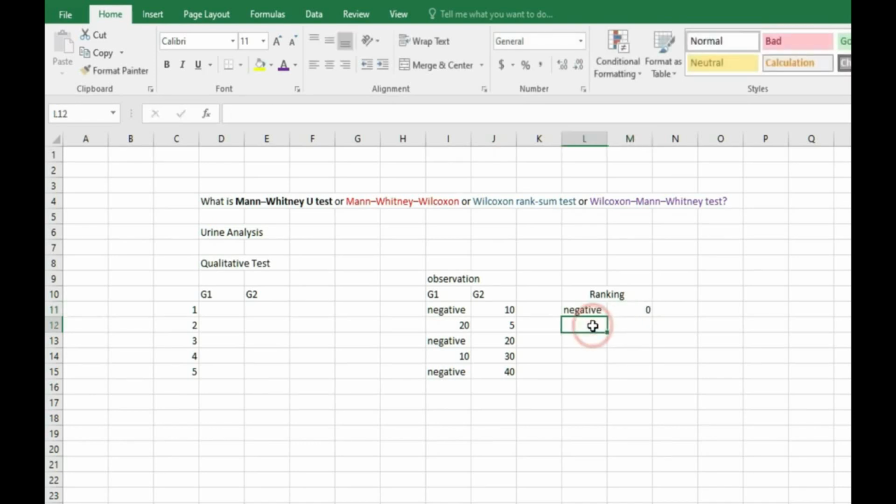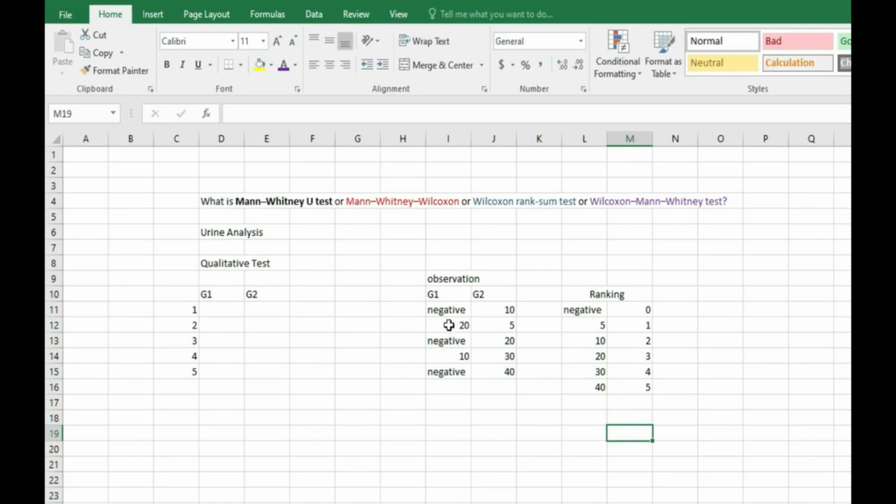Negative we have taken as 0, 5 blood cells as 1, 10 as 2, 20 as 3, 30 as 4, and 40 blood cells as 5. So we have given a ranking to all readings.